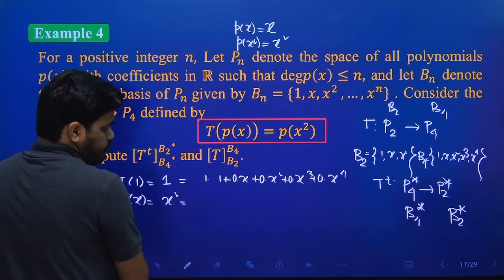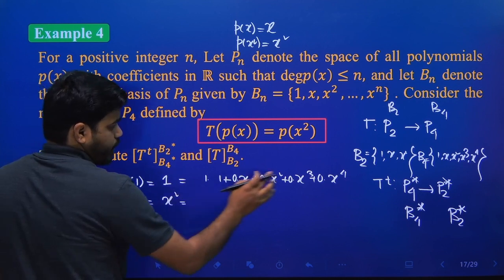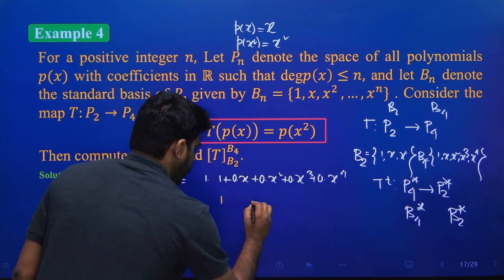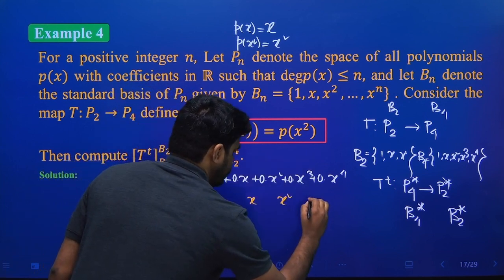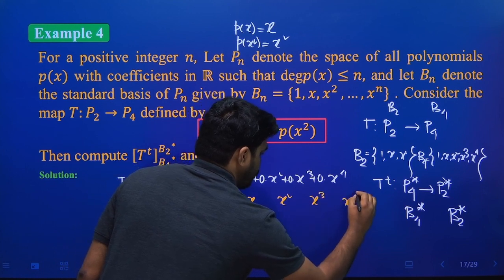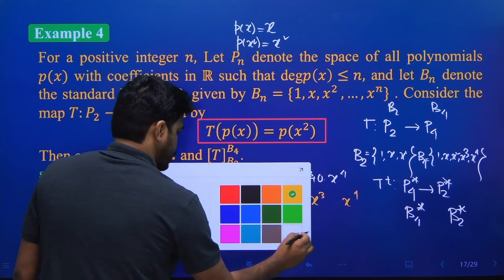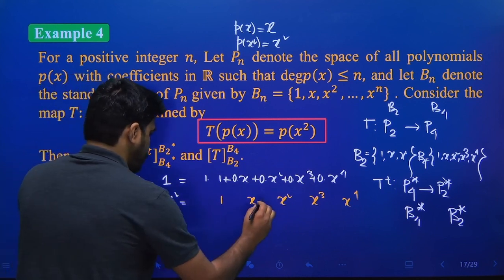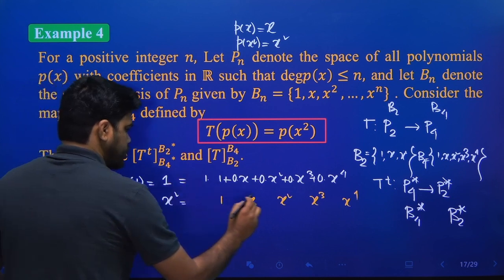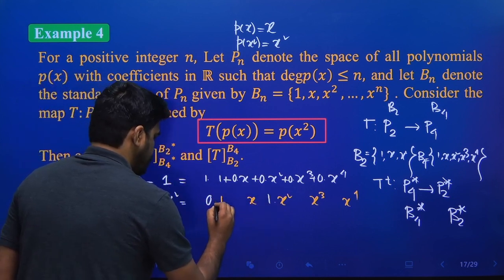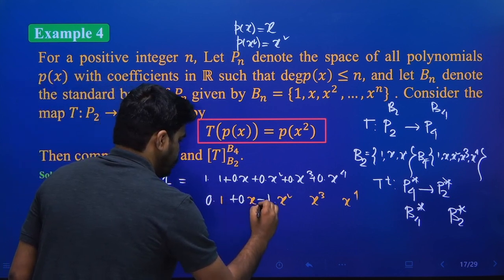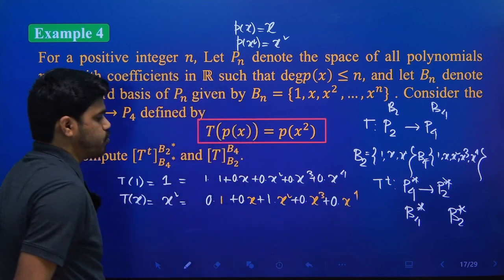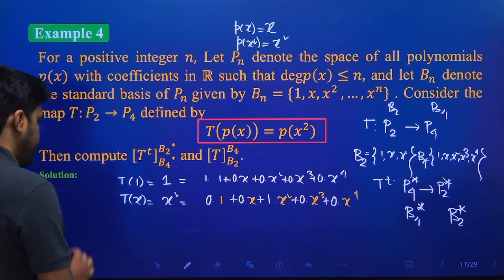So we have to express x square as a linear combination of 1, x, x square, x cube, x to the power 4, right? So the coefficient of x square is 1. Simply x square is there, so this is 1, all other terms are 0: 0 into 1 plus 0 into x plus 1 into x square plus 0 into x cube plus 0 into x to the power 4, right?